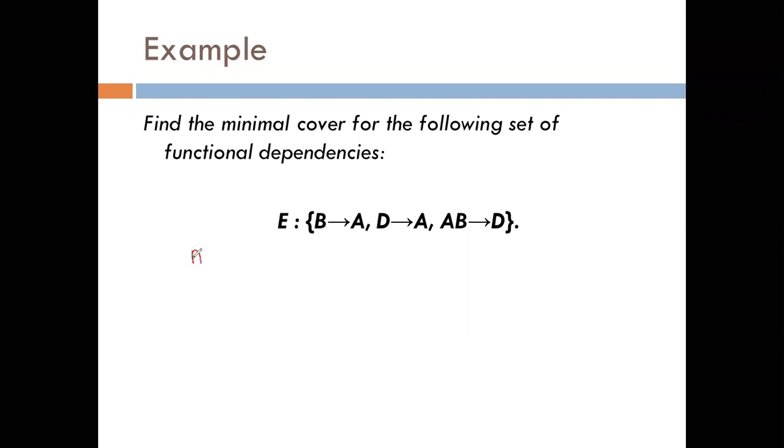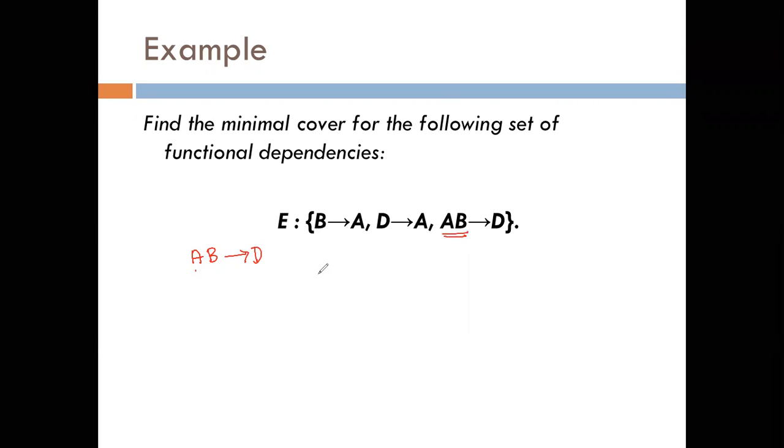So in our example, AB determining D. So here there are two attributes on the left side. So now we have to verify whether it is erroneous or not. Now look at those attributes A and B.